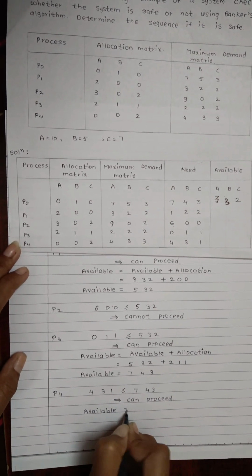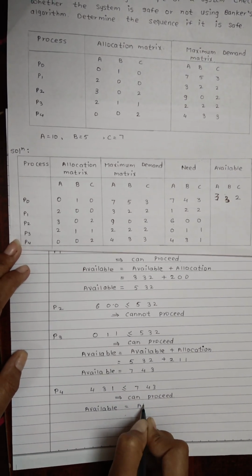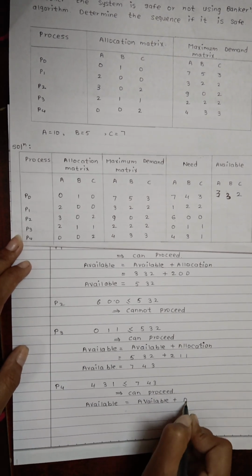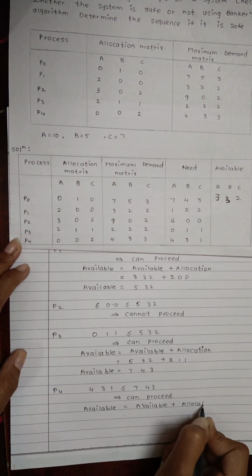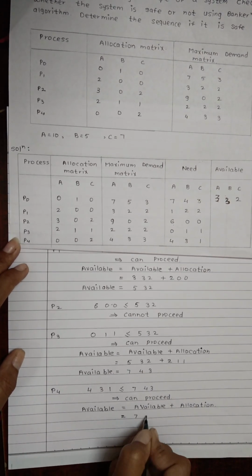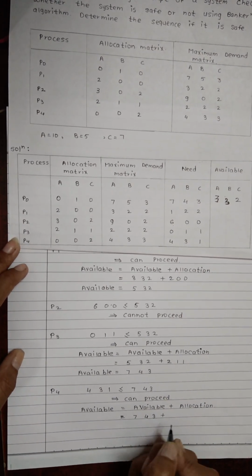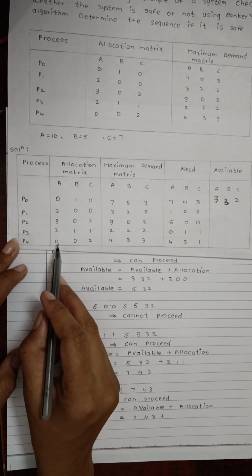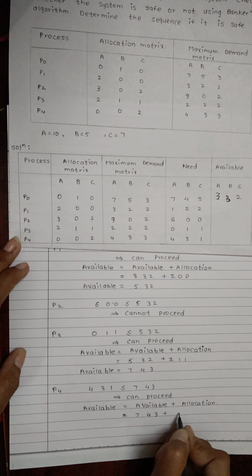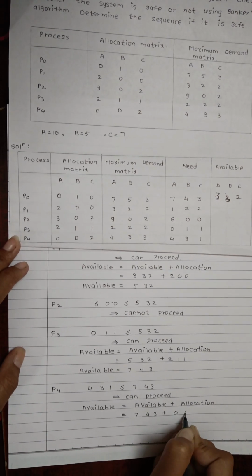Available is equal to available plus allocation. Here available is 7 4 3 plus the allocation for process P4, which is 0 0 2. Add 7 4 3 plus 0 0 2.